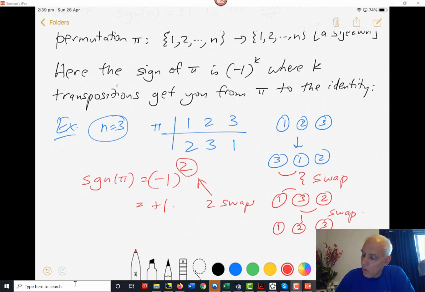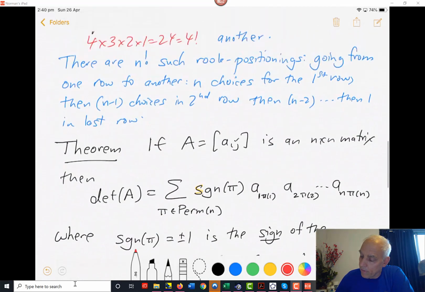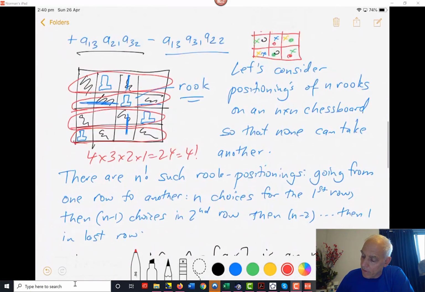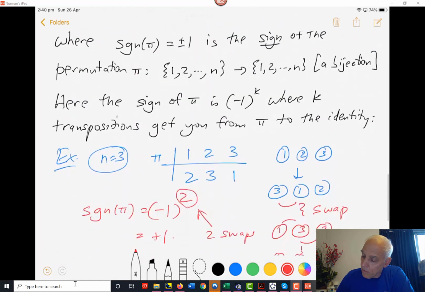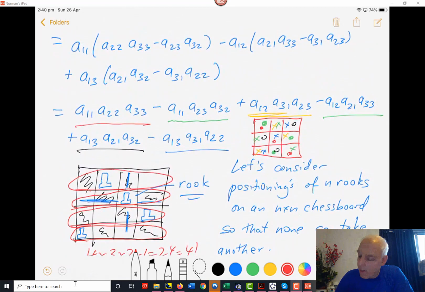Now, if we go back up here to our 3 by 3, I remind you the permutation is 2, 3, 1. So which of these 6 terms is 2, 3, 1? Where 1 is associated to 2, 2 is associated to 3, and 3 is associated to 1. It's exactly this one here.